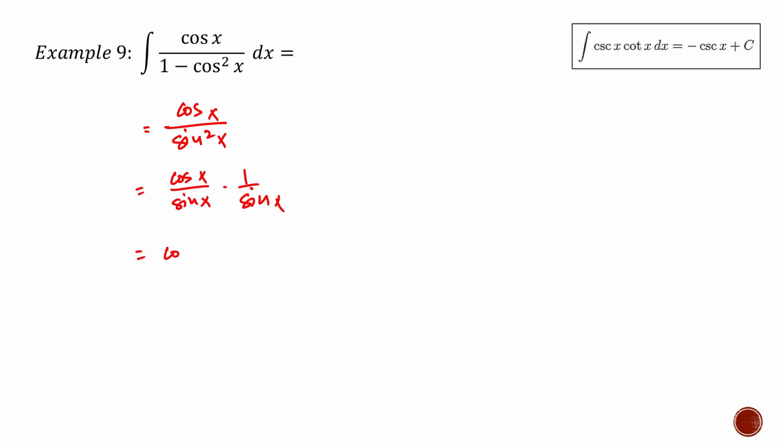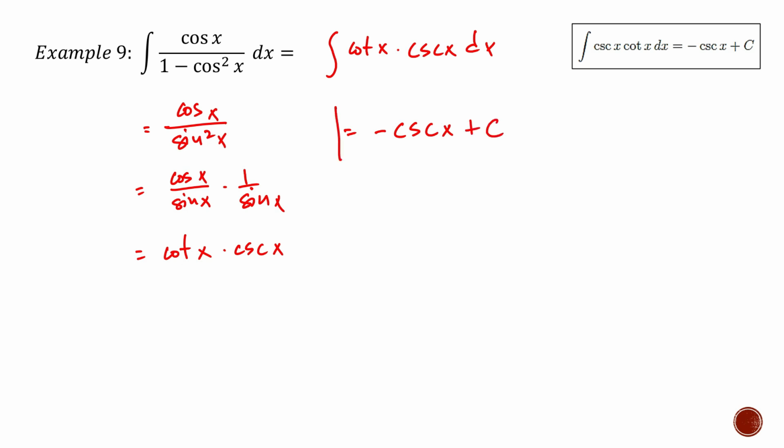Cosine over sine is cotangent x, and then 1 over sine is cosecant x. So which means this is just equivalent to cotangent x times cosecant x dx. And then as you can see in the formula on top, that's just equivalent to negative cosecant x plus c.